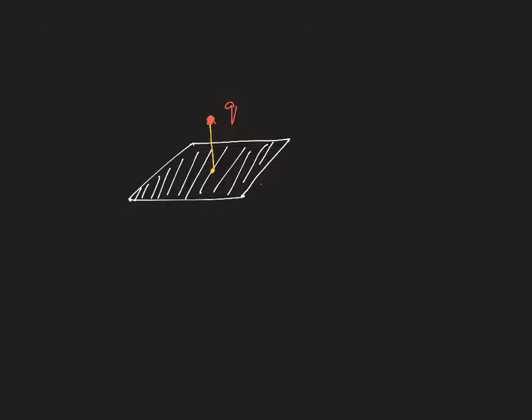And the square surface is also charged. Its surface charge density is sigma. You know what sigma is? Sigma is charge per unit area.